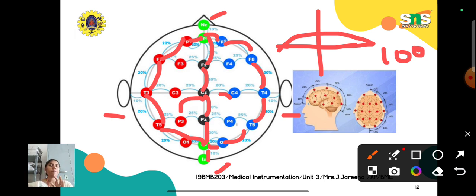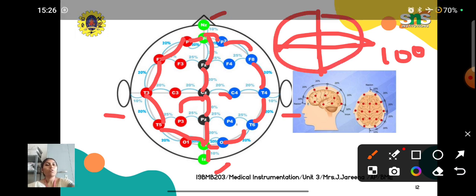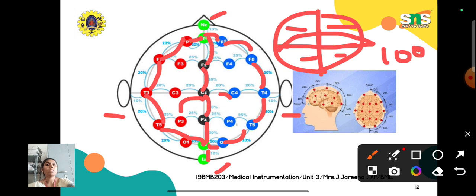Now what is left over is the middle line. The middle is easy. Horizontal is over, circumference is over, and this middle part alone is left over, for which you take 25%. Already you have marked this part and this part, and F7 and Fz are fixed, so the middle of those is going to be F3.